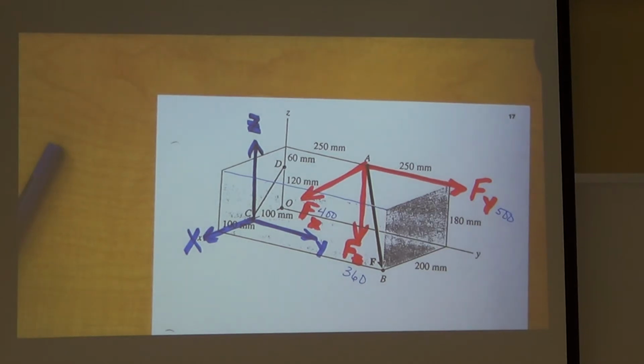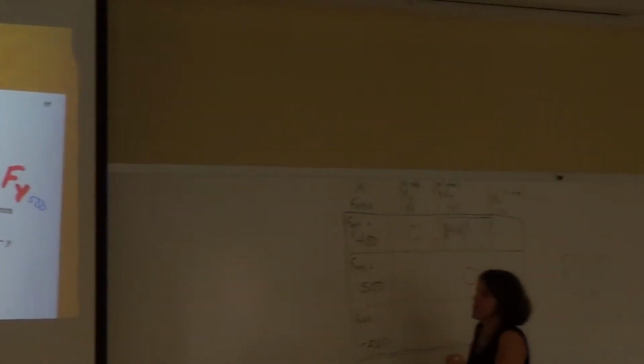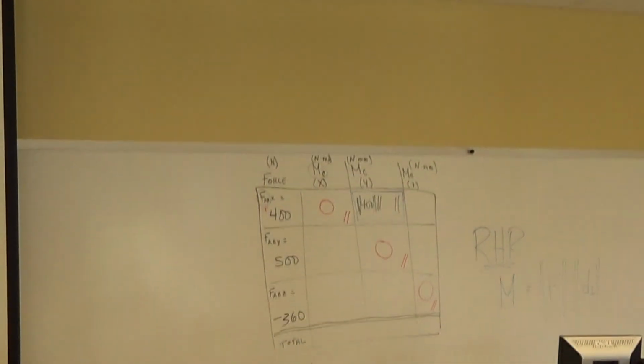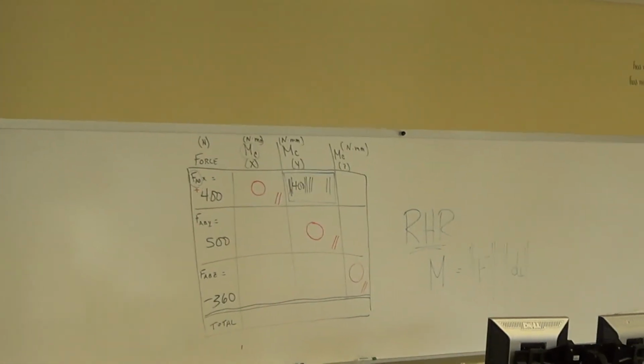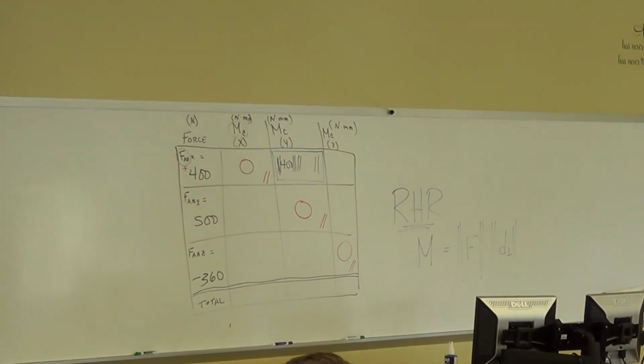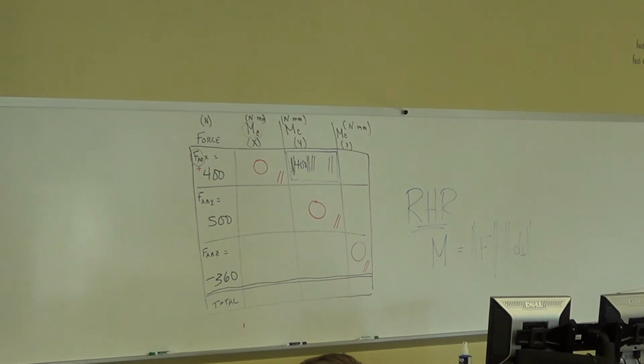So in order to calculate the moment about Y through point C, due to the 400, it would be 400 absolute value times the perpendicular distance. And what is the perpendicular distance? Ilya, you see it? Yeah, 250. Okay, so let's see. We're looking at force X. Here's force X. It's in the X direction.